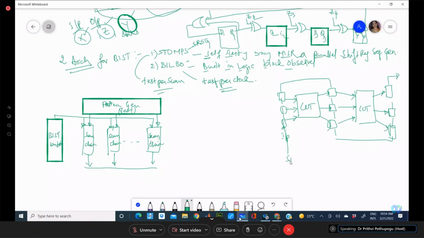We were taking out the response of the total design or total circuit, scan data in, scan data out, if you remember. So this setup of the scan chain is used here, wherein what is given as the input for generating the response of the design will be provided by both this test pattern generator and the controller shifting the data.